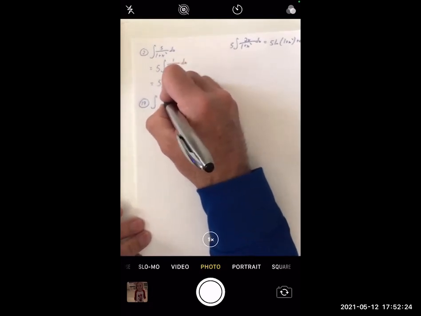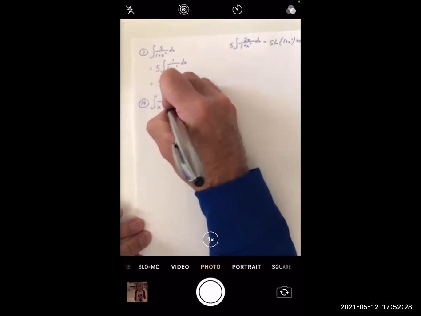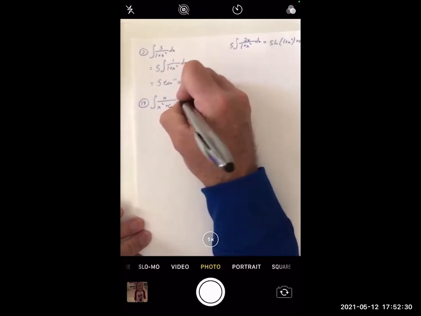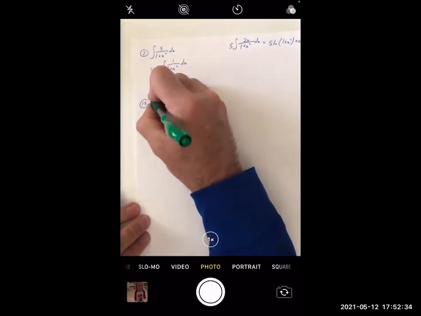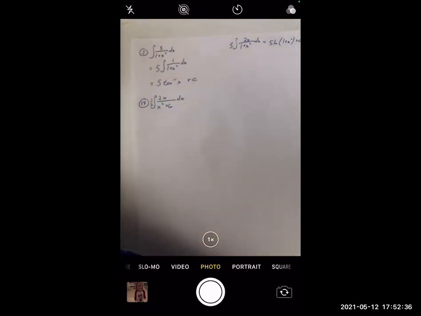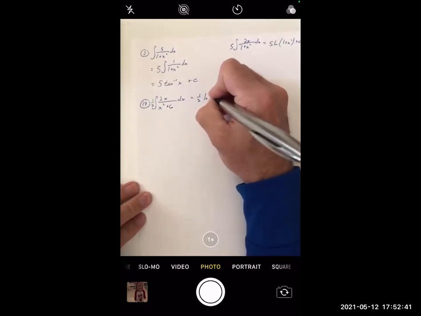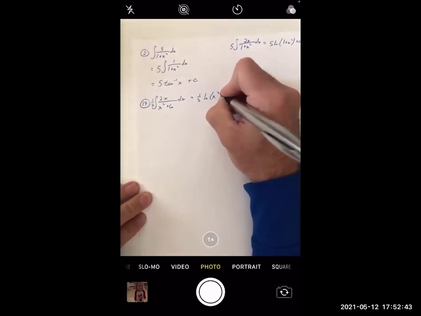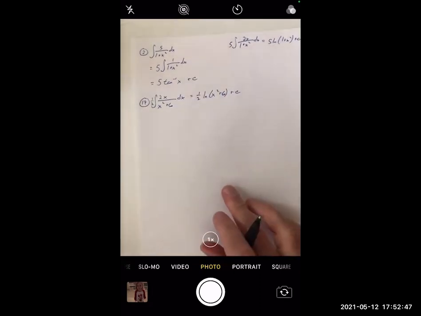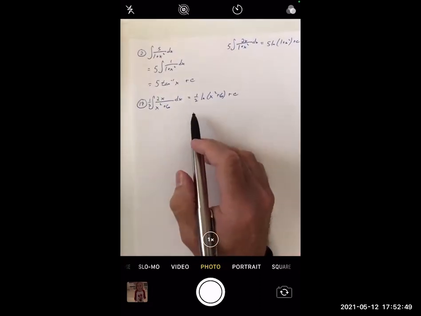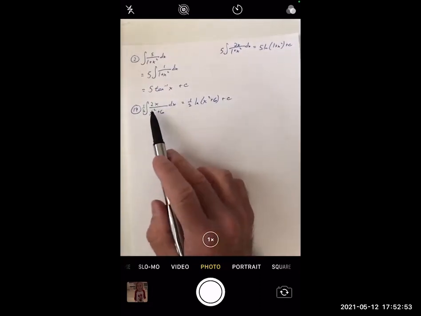You just add the 2 and the 1/2 on the outside. Yeah. Exactly. So yeah, then it's just 1/2 ln x squared plus 6. The other problem was a little bit different, but it had the same idea.